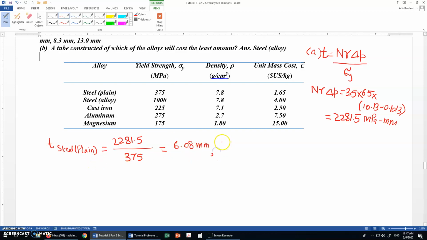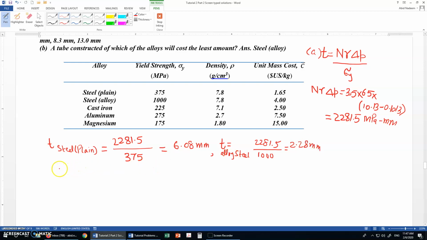Similarly, you can find the thickness for the alloy steel. So 2281.5 divided by its yield strength, which is 1000. Since the yield strength is much higher, it will be only 2.28 millimeter.